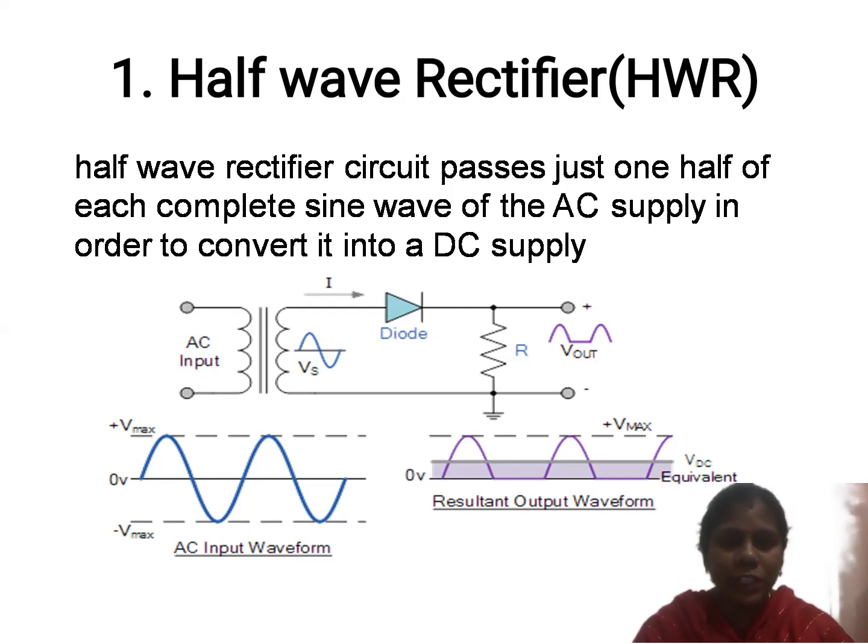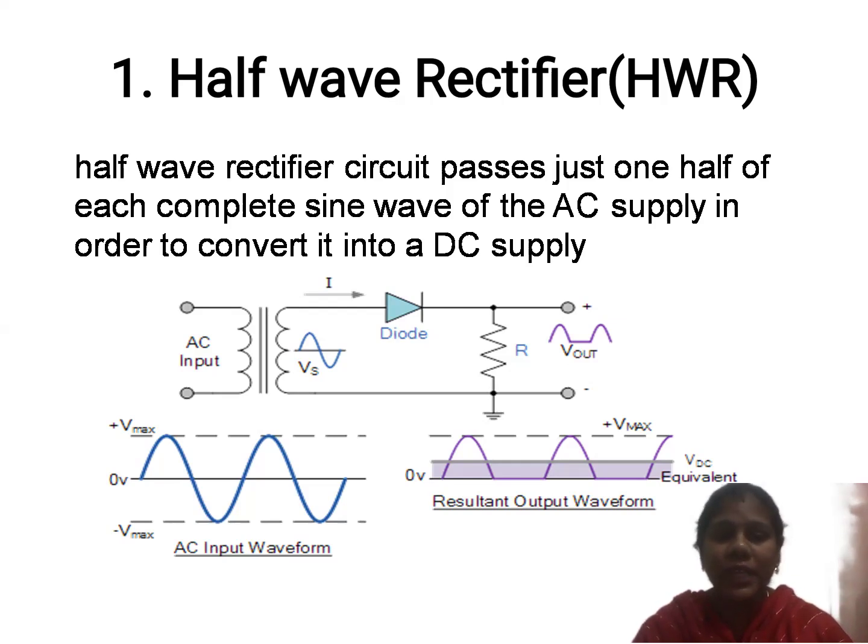As we know the principle of diode operation, if the voltage across the anode is greater than the voltage across the cathode, then the diode acts as forward biased. Here the anode is supplied with positive voltage and the cathode is at 0 volts. So the voltage across the anode is greater than the voltage across the cathode, and the diode is forward biased.